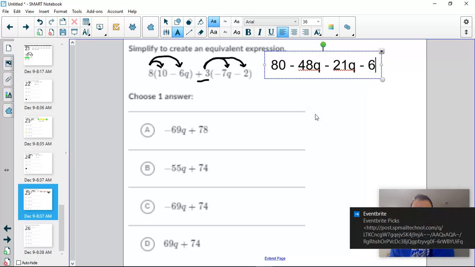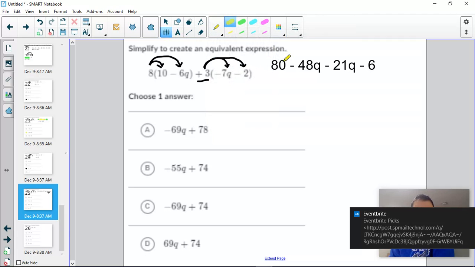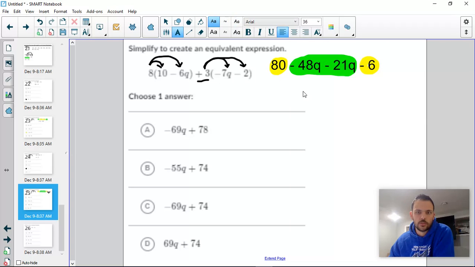So again, we're going to combine our like terms. Let's highlight those in case some of us are still struggling with seeing the like terms. We have 80, and we have a minus 6, and then we have minus 48q and minus 21q. All right, so again, variables first.